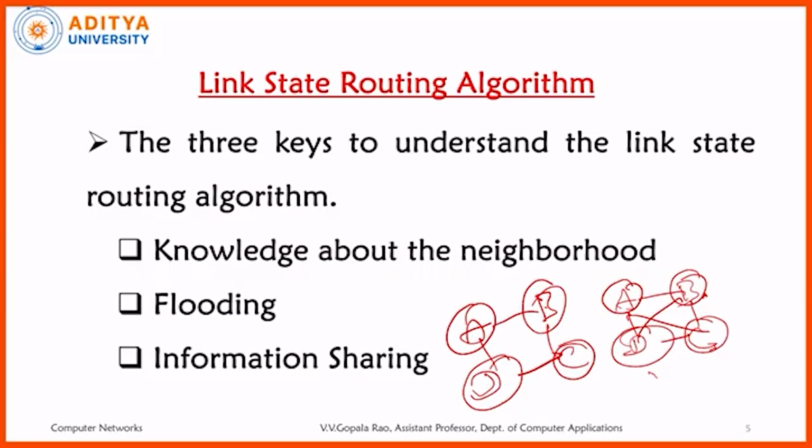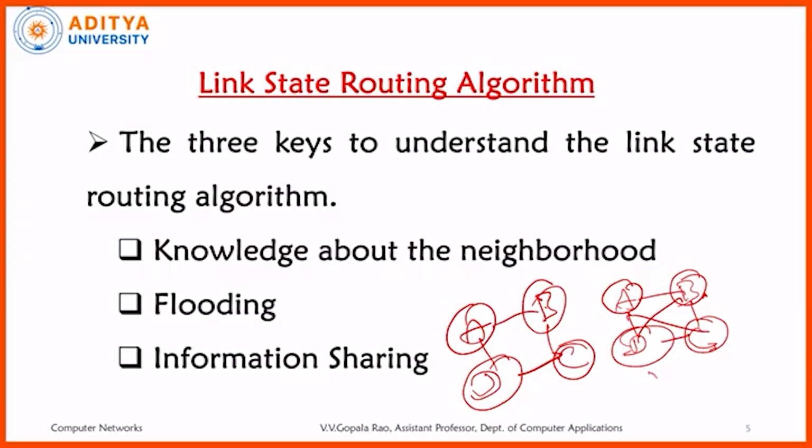Information sharing or knowledge sharing is possible by using the concept called flooding. Flooding is a very important concept by which every router gets the packets on the incoming line, and every router has to forward the packets to all possible outgoing lines.